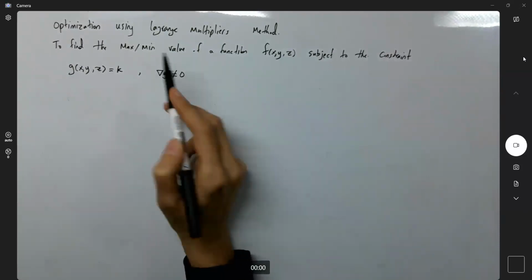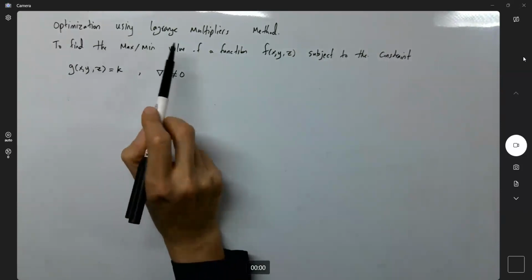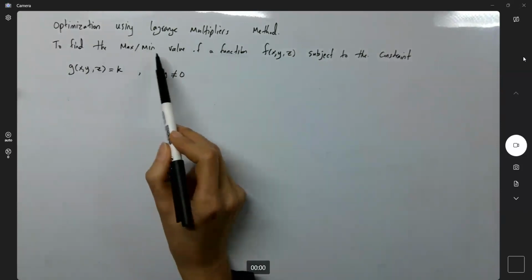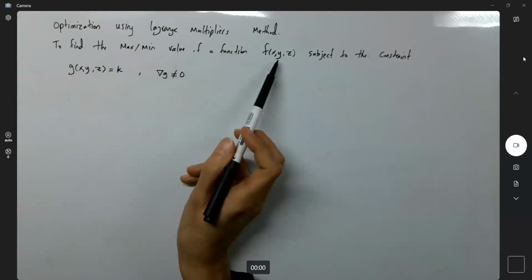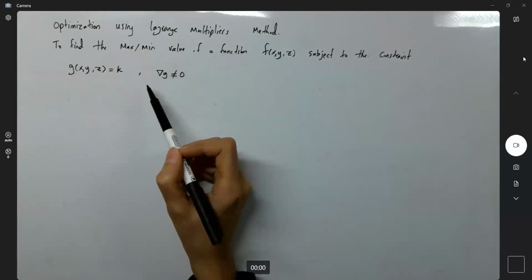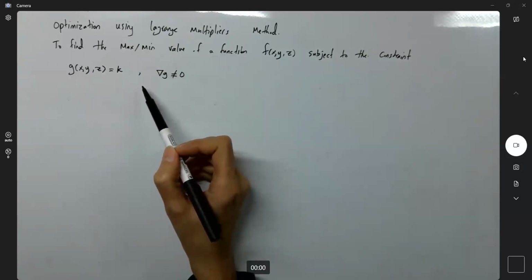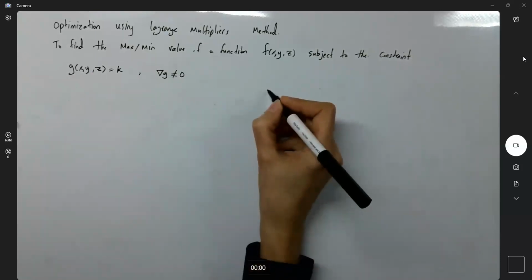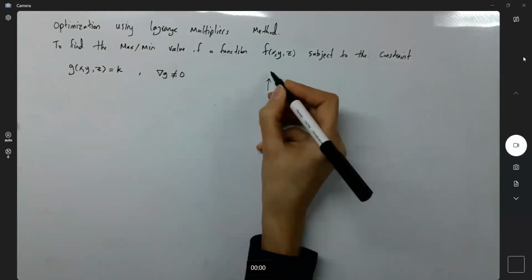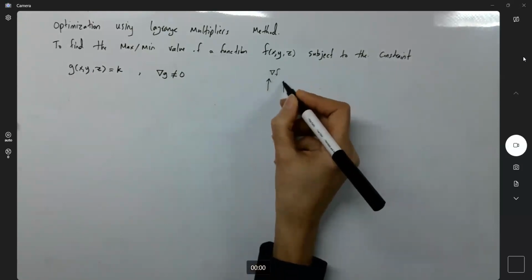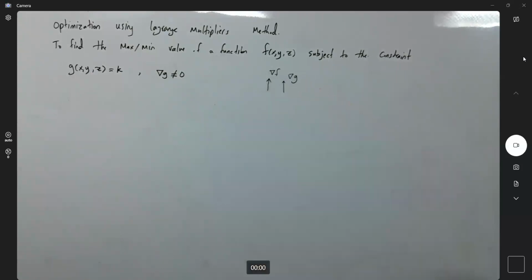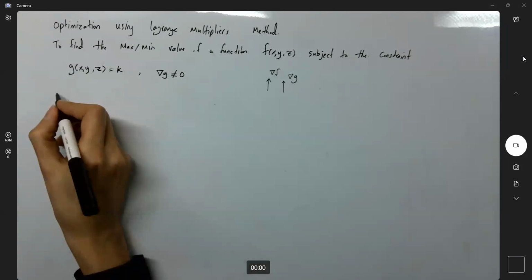Then this method, the Lagrange multipliers method, says, hey, to find the maximum or minimum value of this function, what are you going to do? You're going to set the gradients almost equal to each other. The gradients for the vectors, the gradient of f and the gradient of g, must be parallel to each other. So take a look at this.